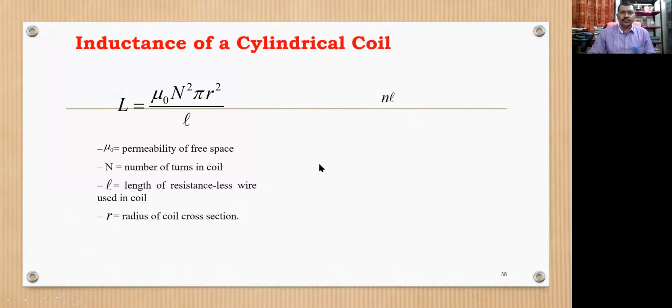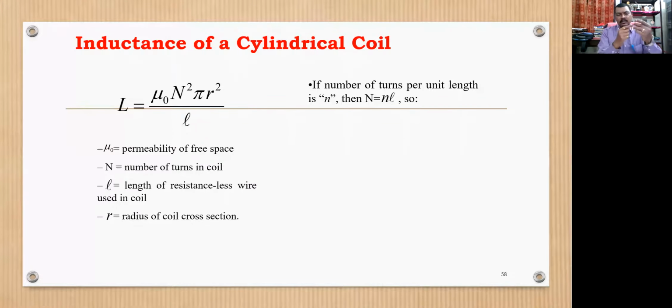Now, inductance of a cylindrical coil, as I showed you, this is the formula for inductance. L equal to mu 0 N square pi r square by l, where mu 0 is the permeability of free space, N is the number of turns in the coil, l is the length of the resistance-less wire used in the coil, and r is the radius of the cross section.